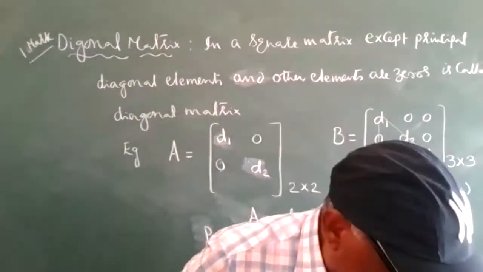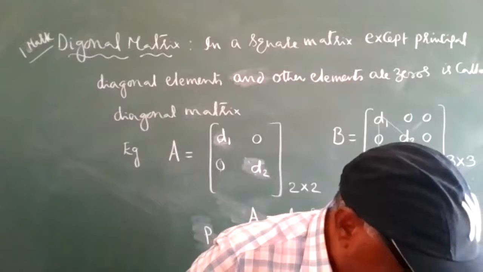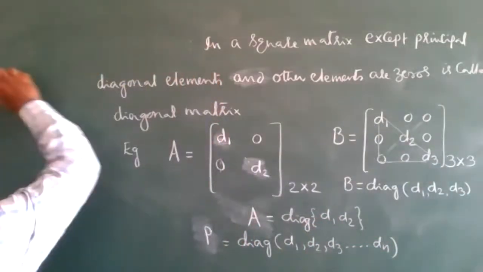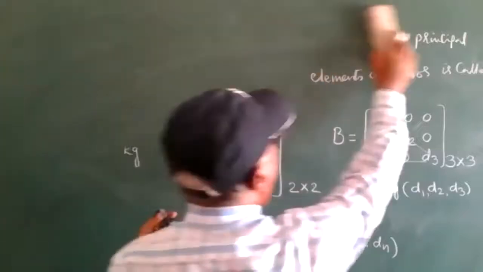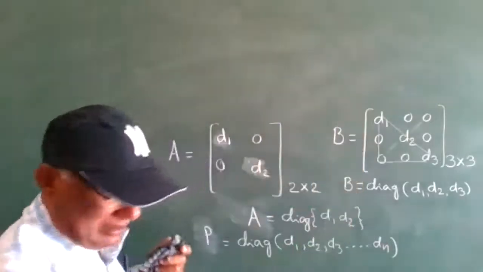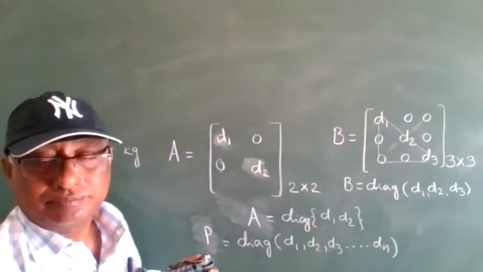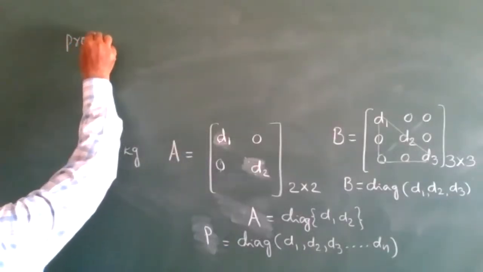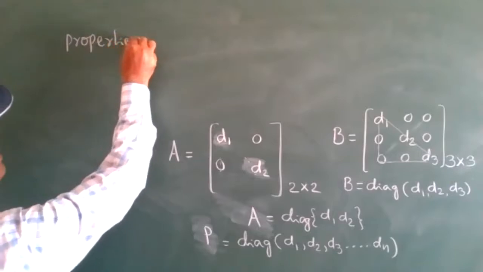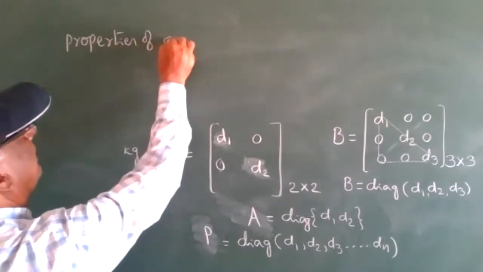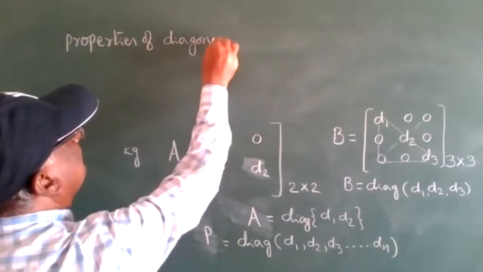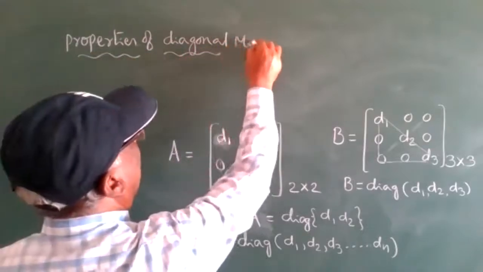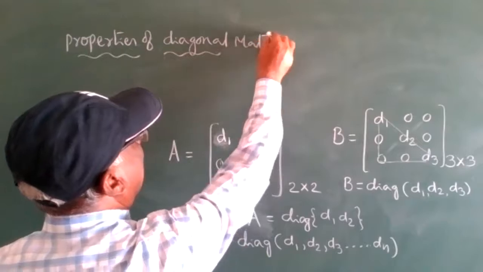Now see this. I will write one more: properties of a diagonal matrix. What are the properties of a diagonal matrix?